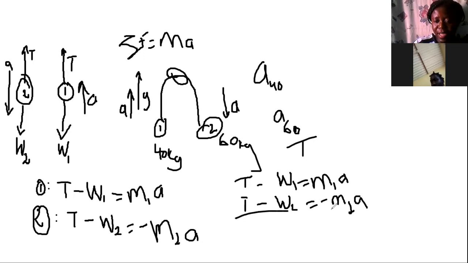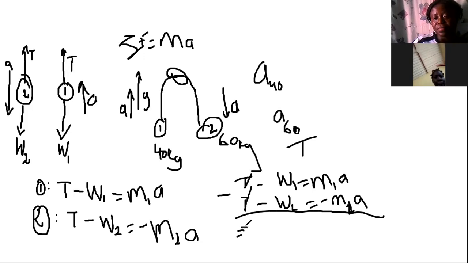How will we eliminate one of them? We can do it by subtraction, because the acceleration is very difficult to eliminate since these are two different masses, m1 and m2. So we subtract the two equations. If we subtract the two equations, the tension goes.